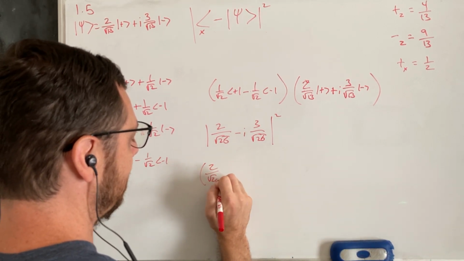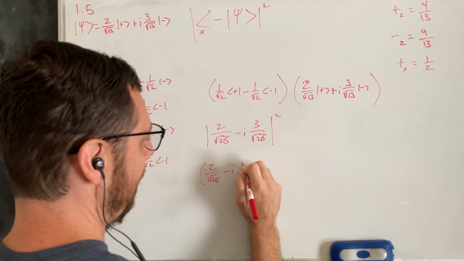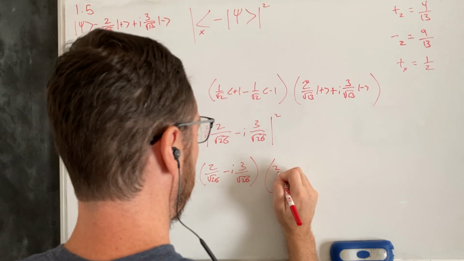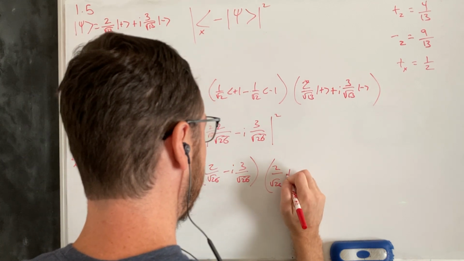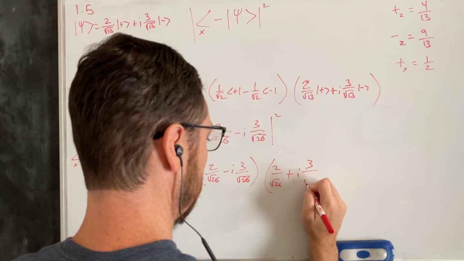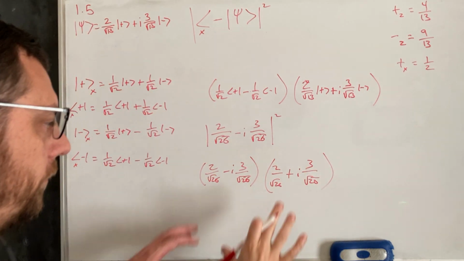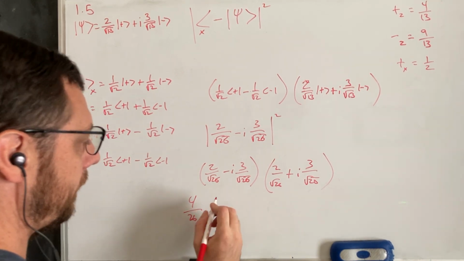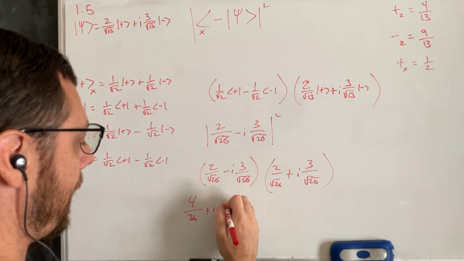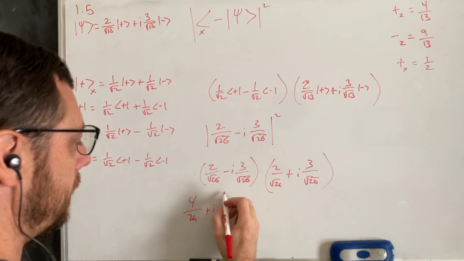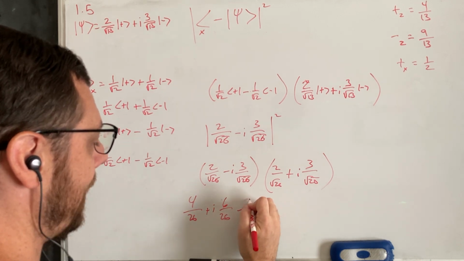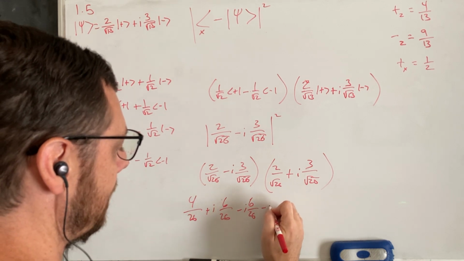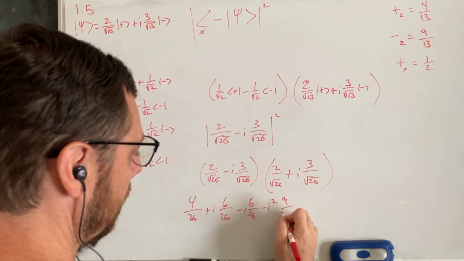2 over root 26 minus i, 3 over root 26 times 2 over root 26 plus i, 3 over root 26, which, if you can see it now, is going to end up being the same thing. We have 4 over 26 plus i, 6 over 26 minus i, 6 over 26 minus i squared, 9 over 26.